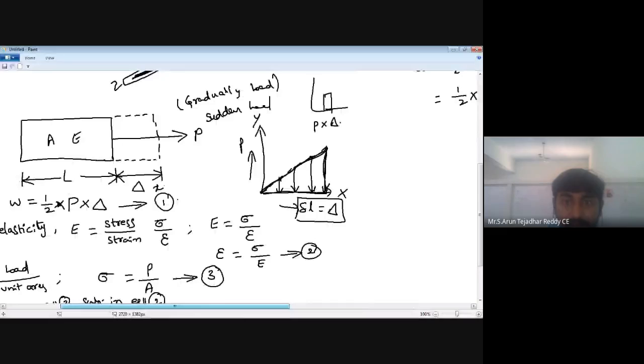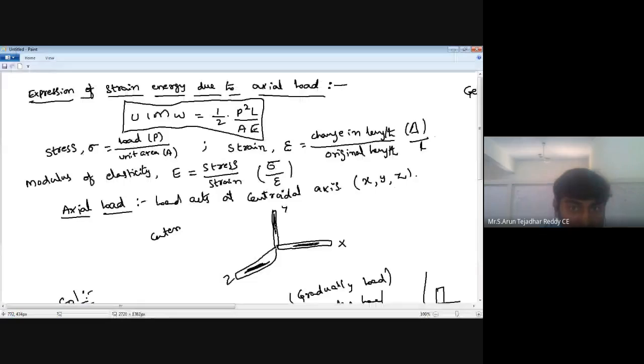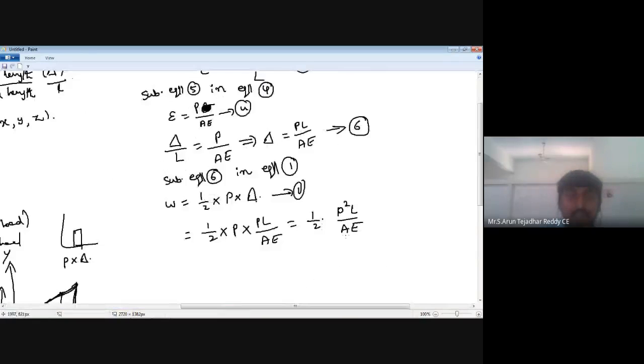See, the expression of strain energy due to axial load, our formula is 1 by 2 P square L by AE. Write down clearly.